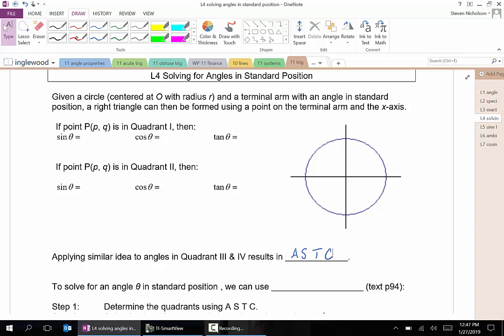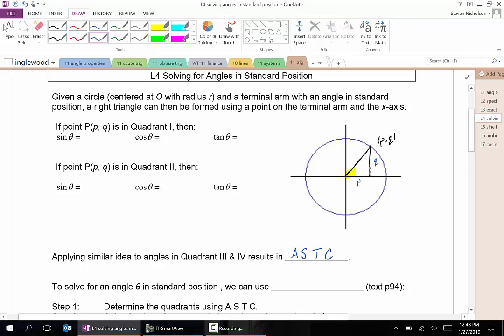So I want you to imagine we have some point P, Q. And again, it doesn't matter what the values are. And if we made a terminal arm, and again, this would be our theta and our reference angle. If we made an acute triangle, then this would be whatever the x coordinate would be.